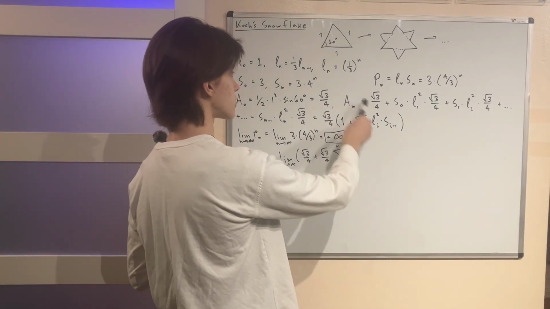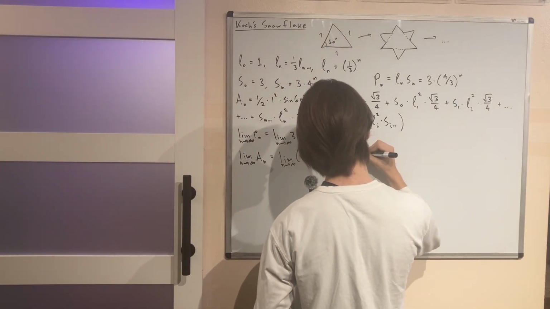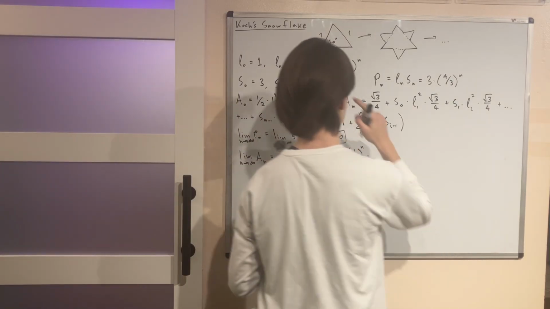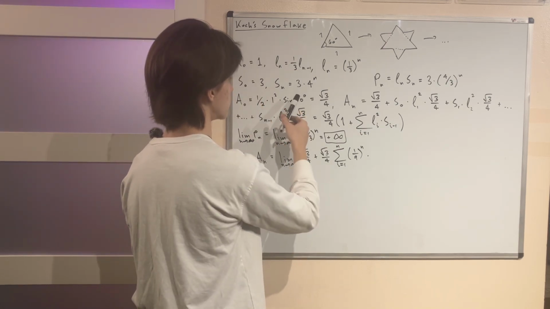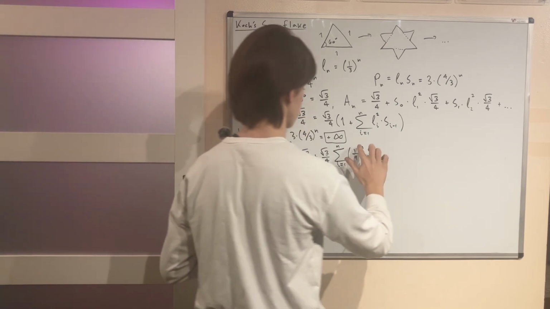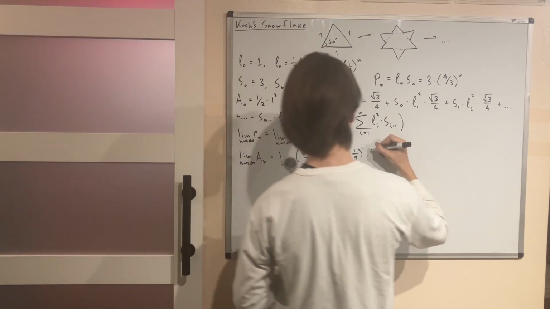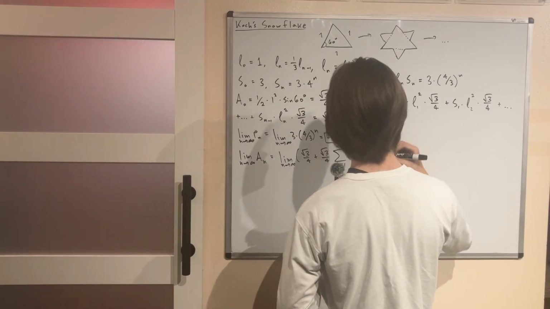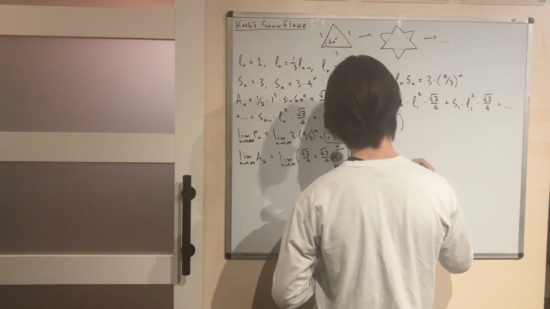So L of I squared, squaring this, we get 1/9 to the I, and then multiplying it times S of I minus 1, we get here 3 times 4 to the I minus 1. And sorry, it's not n here, it's I.